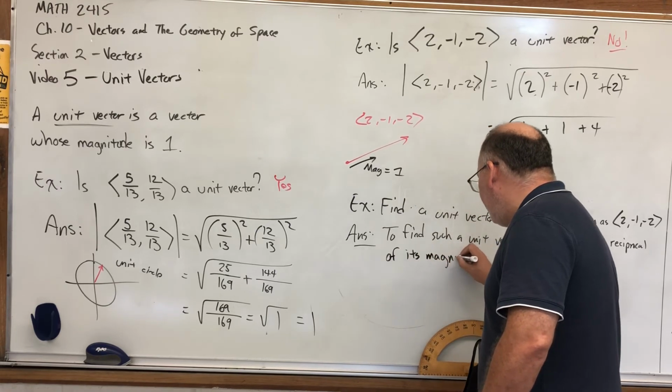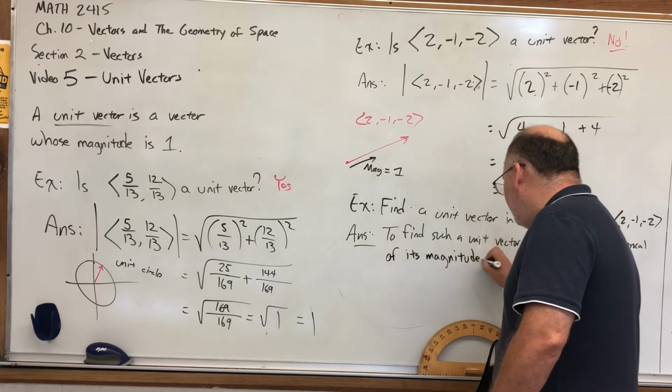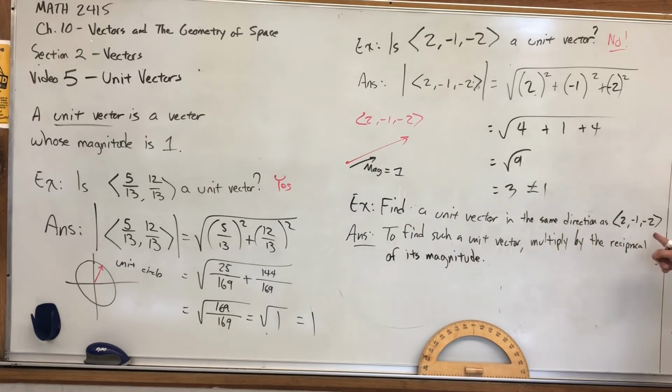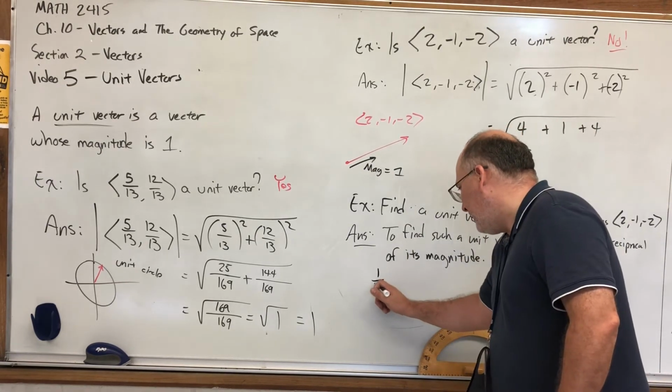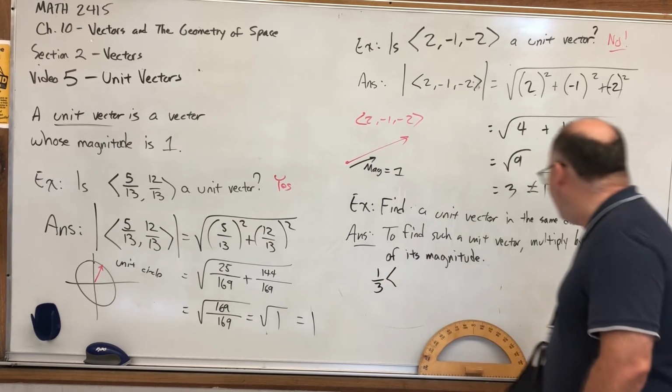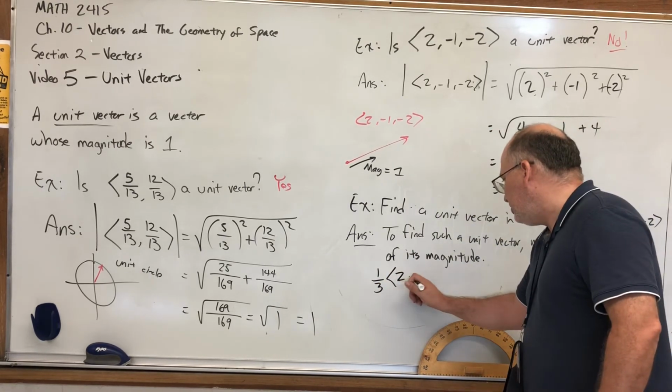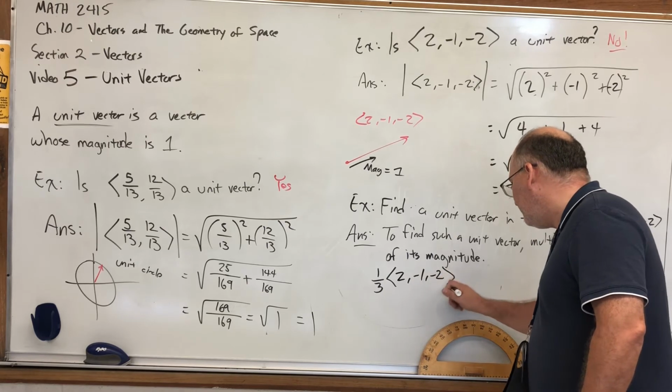This is standard fare from this point forward. Now we've already found the magnitude of this vector and it was 3. So our answer is going to be the reciprocal of that, which is 1/3 times the original vector, 2, -1, -2.